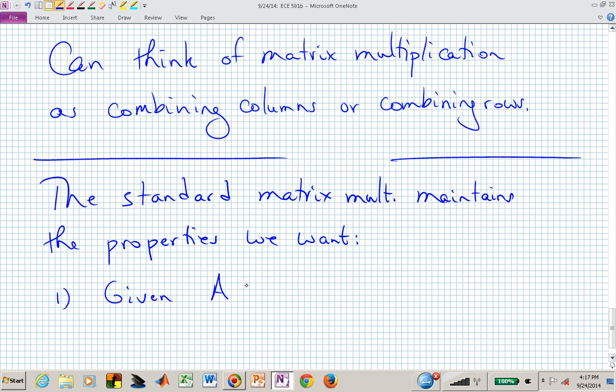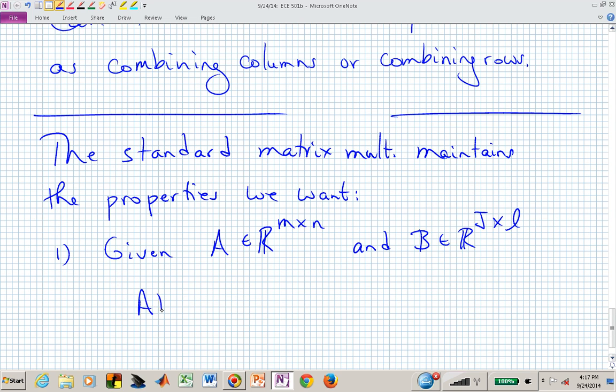Meaning if we're given an A that's maybe m rows by n columns and a matrix B that's j rows by L columns, the product of A and B is only defined under what condition? We need n equal to j. Number of columns in A has to equal the number of rows in B.